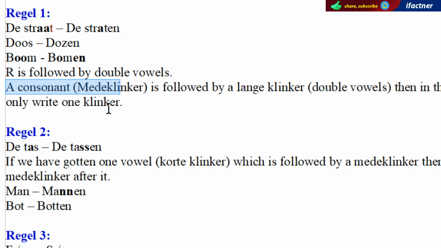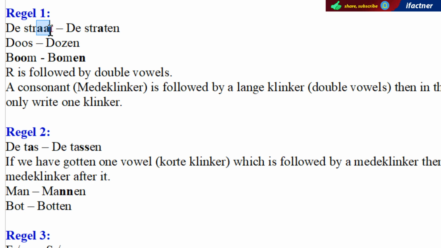Let's take some examples. For example, we have got a word the street, straat. Now you see that in the word straat we have got a lange klinker. Lange klinker is if two vowels, two klinkers appear at the same time. For example, double A, S-T-R-A-A-T.